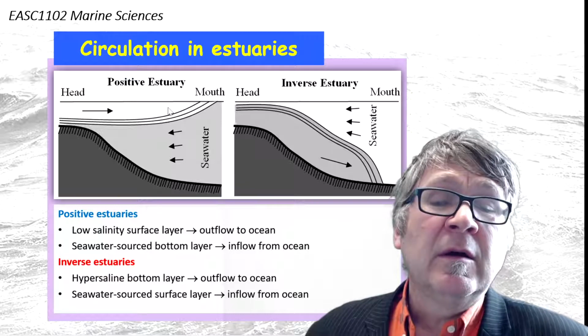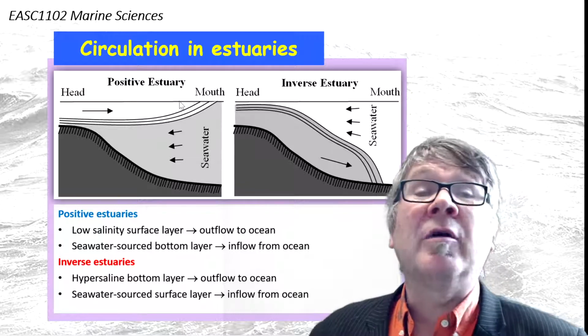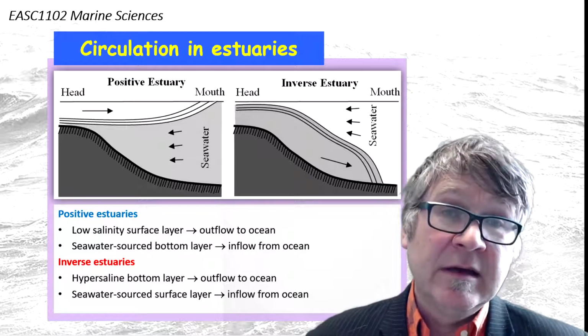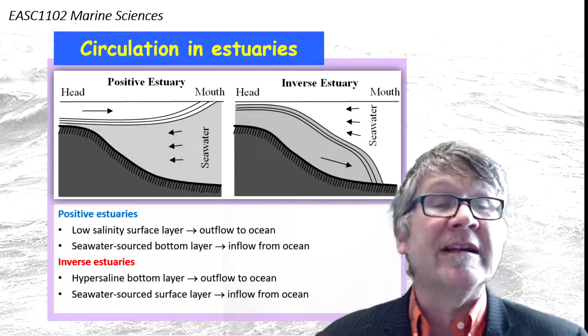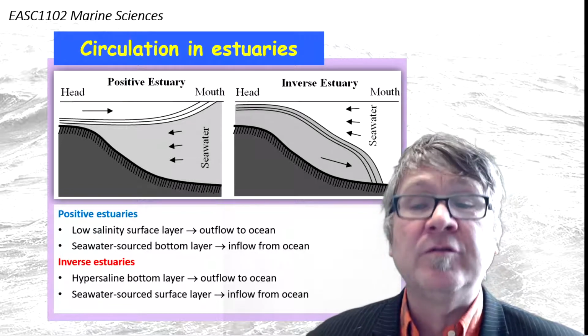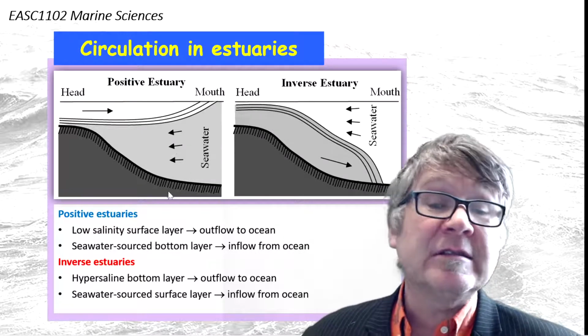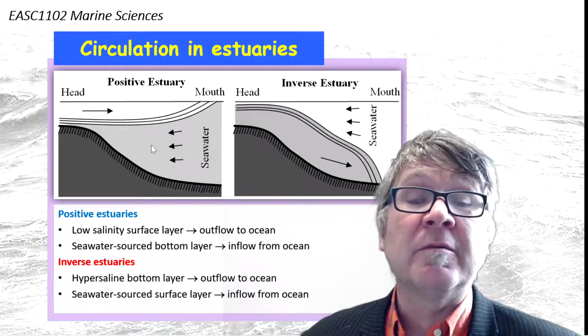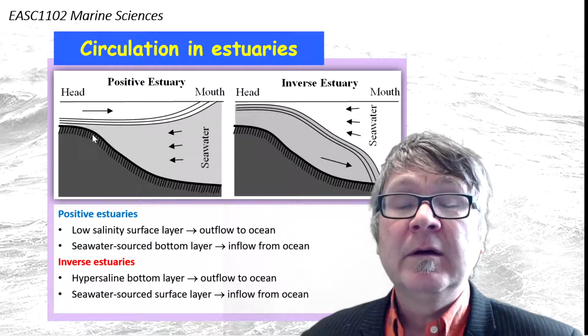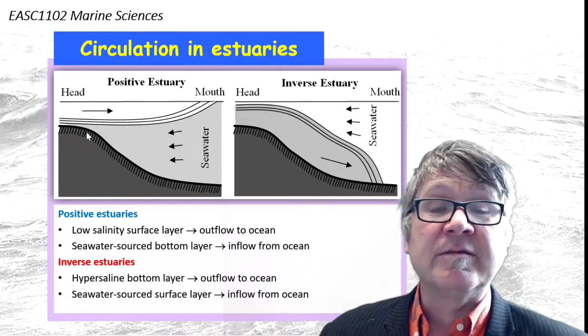But on the other hand, we also have an inflow of seawater. There's a horizontal density difference that actually creates an inflow of seawater into your estuary. That's the interesting bit, the seawater flowing in the bottom layer. So that's the structure in a positive estuary.